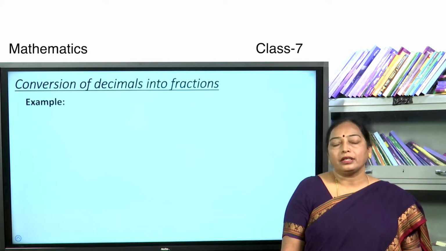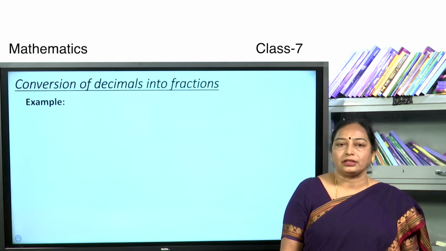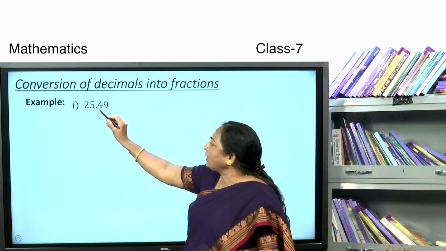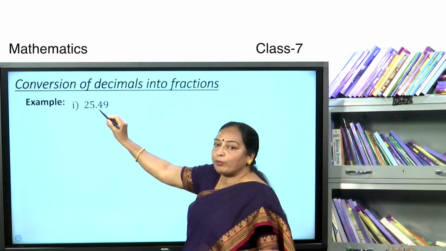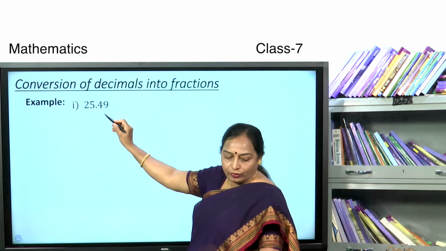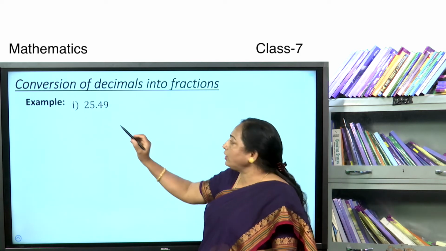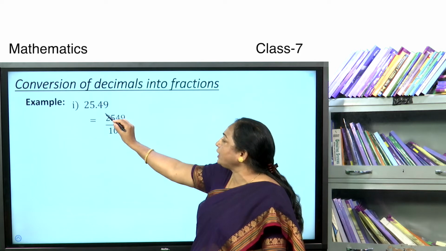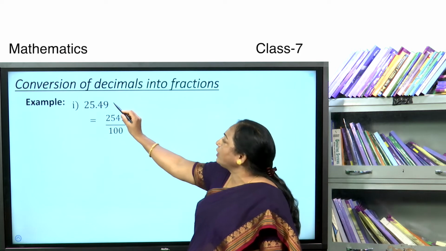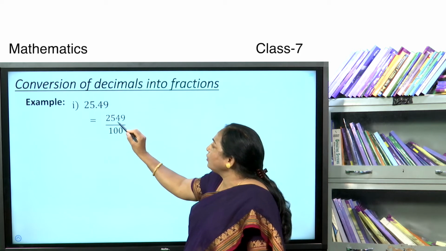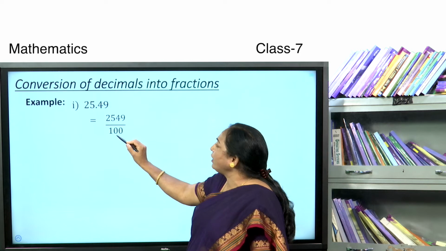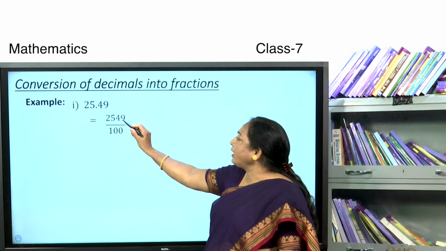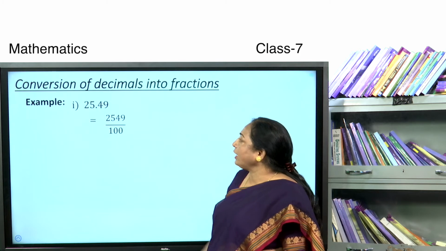We recall the conversion of decimals into fractions. For example, 25.49. How many digits are there to the right of the decimal point? 2 digits. Therefore, in the fraction form, we should write 1 with 2 zeros in the denominator. In the numerator, we write the digits as they are, 2549. Therefore, the fraction form is 2549 by 100.